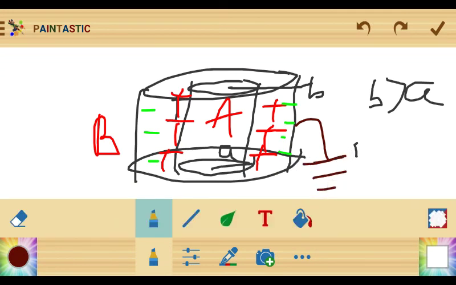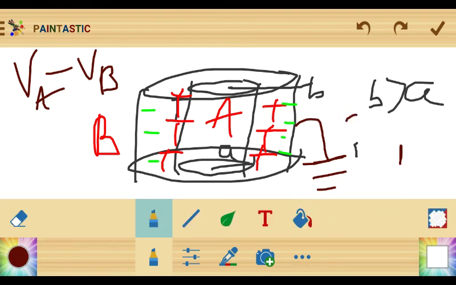After this we have to find the electrical potential between plate A and B. So to find the electrical potential between A and B, we will use an alternative method, different from the one we used for the spherical capacitor, which was the classical method.